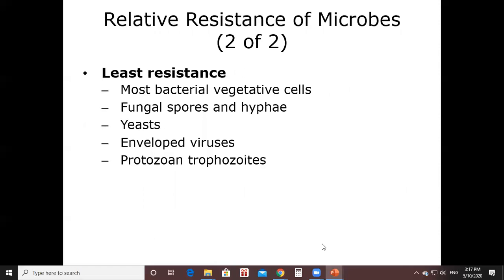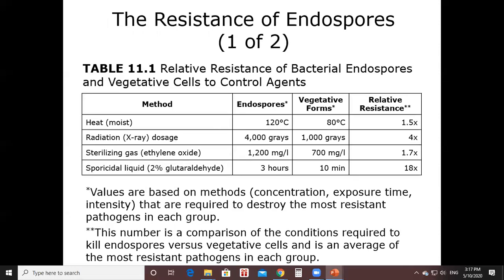Then the ones that have the least resistance are the vast majority of bacterial vegetative cells, bacteria that are actively dividing and have active metabolism. They're the least resistant. Fungal spores and hyphae, yeast, the enveloped viruses, and the protozoan trophozoites are least resistant as well.